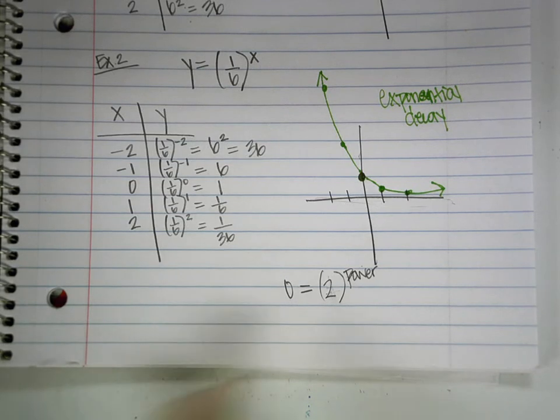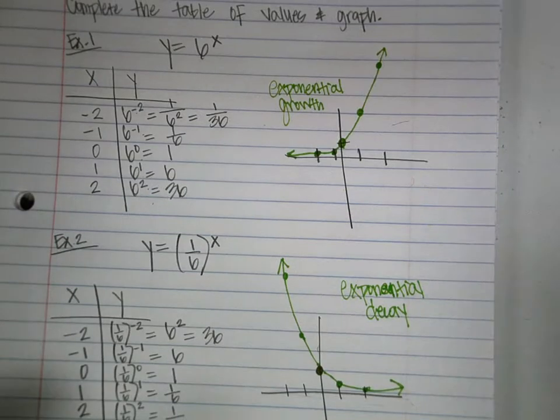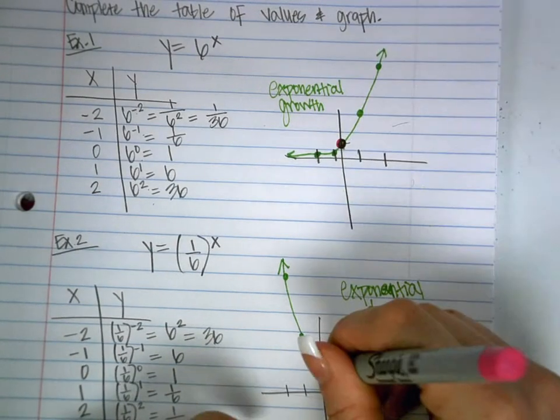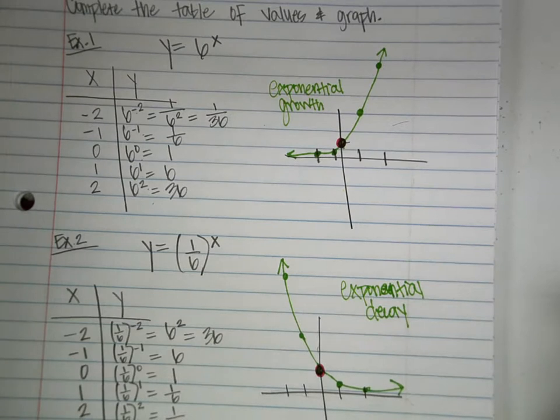Also on this, you need to realize what these both have in common. What is this point on both graphs? Not 0, 0.